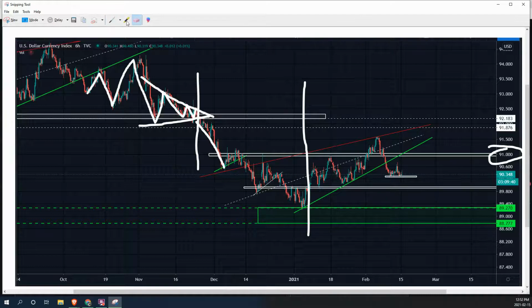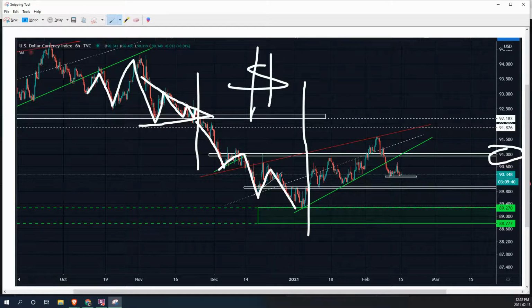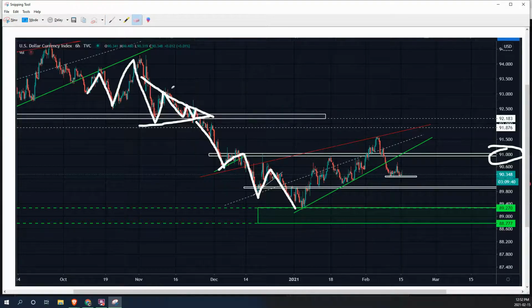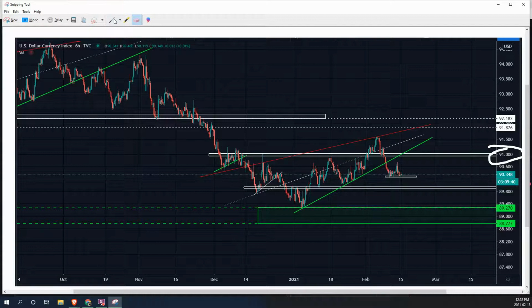When you see these nice impulsive pushes, small corrective pushes, impulsive, corrective, impulsive, these are the points where you can make lots of money in crypto and alts, because the US dollar is failing, it's steady, and you're not going to have these massive pushes to the upside that give you a sell-off for Bitcoin and alts.